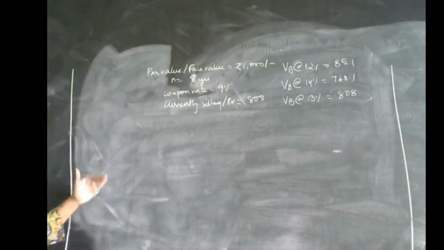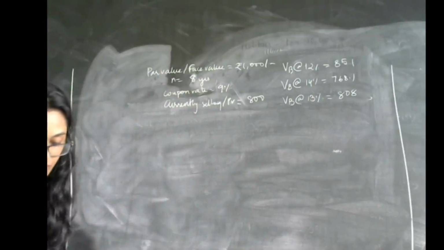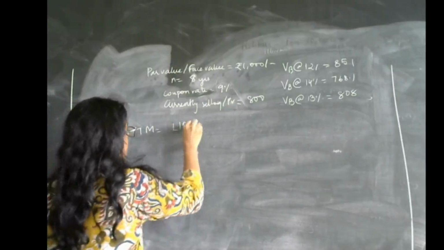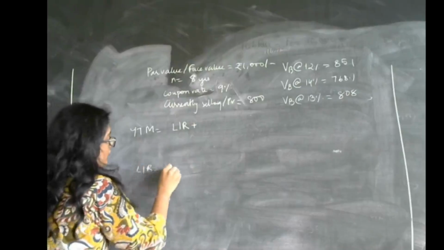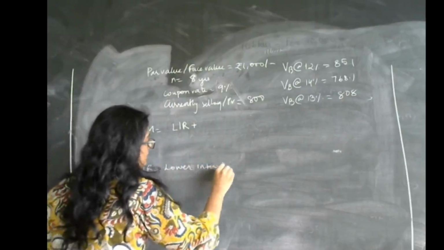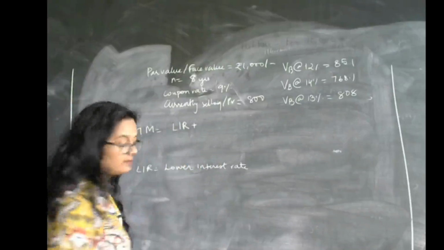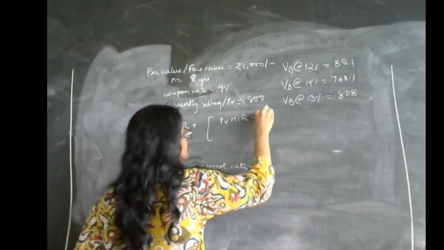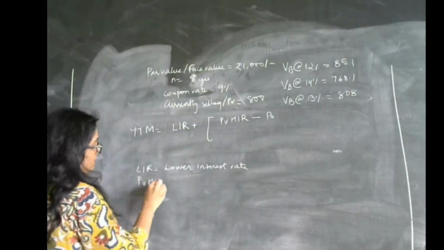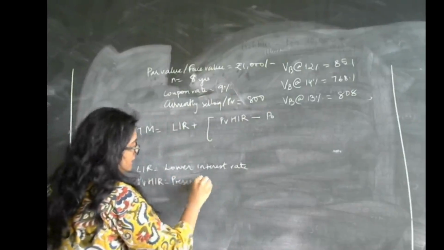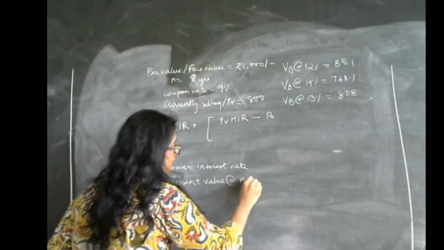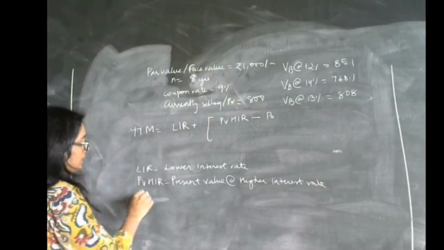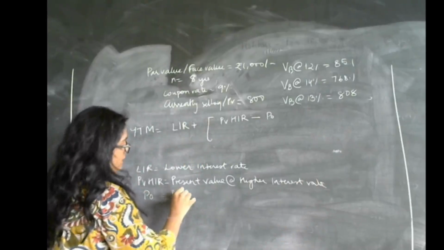Okay, so the interpolation formula for YTM is nothing but the lower interest rate, where LIR is equal to lower interest rate, plus the present value at lower interest rate minus the present value at higher interest rate, where PO is equal to present value.